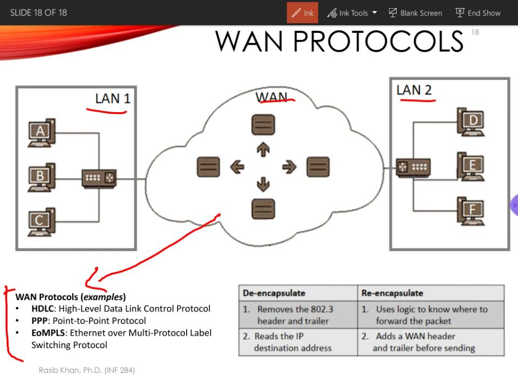There's also another protocol called MPLS, which is multi-protocol label switching. So all of these are wide area network protocols. One thing that should be noted here is this edge router in the LAN, which is also a part of the WAN, because this is the part where the LAN and the WAN are connected.